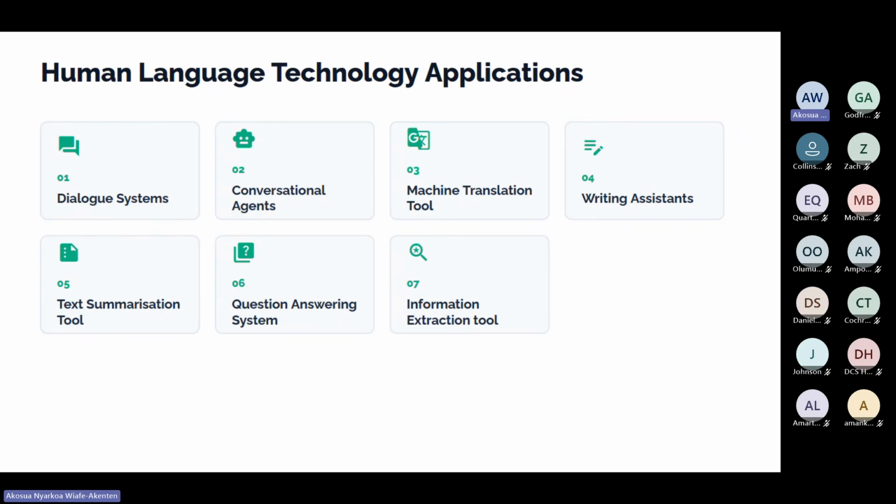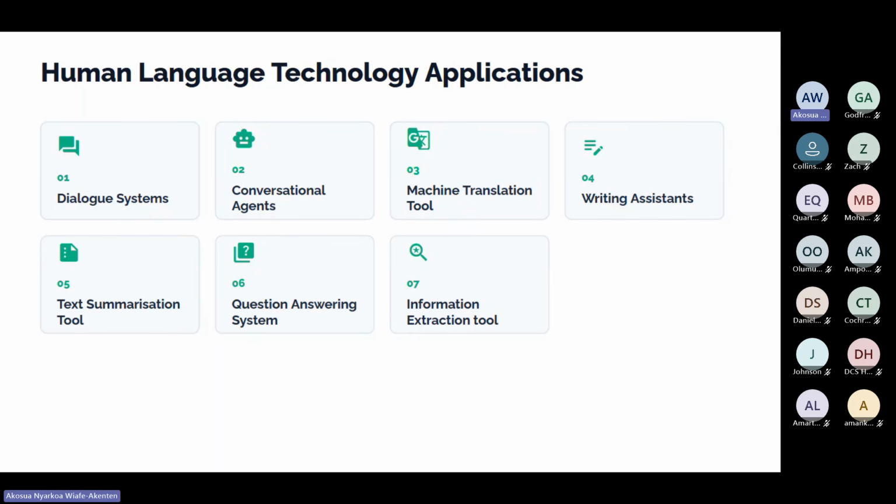Then you can use a language model that would help you to generate a response, and then you can have your text to speech system that would communicate the response back to the user. Okay, so you realize that one application would have so many things in there.